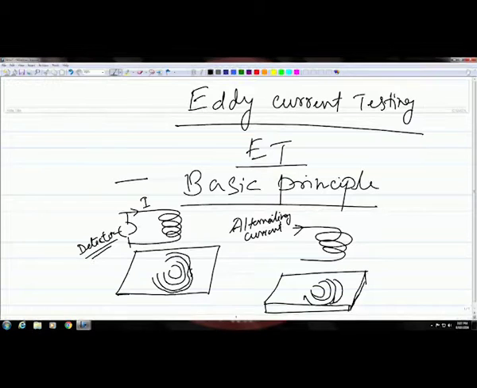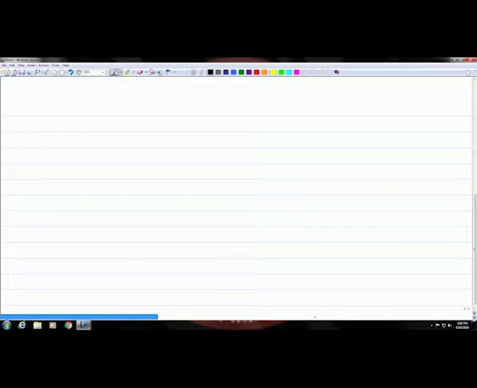Okay. So, this is a question that we need to answer in order to understand the basic principle behind this technique. Okay. So, let me explain that to you as to how do you detect this change and what parameter is needed for that purpose. So, when you talk about induction or electromagnetic induction, you need to go back to Faraday's law.